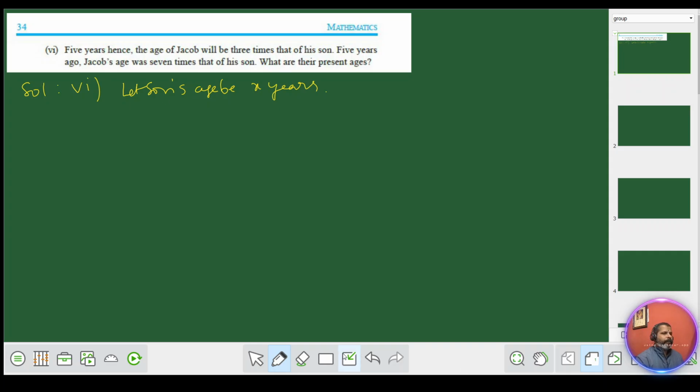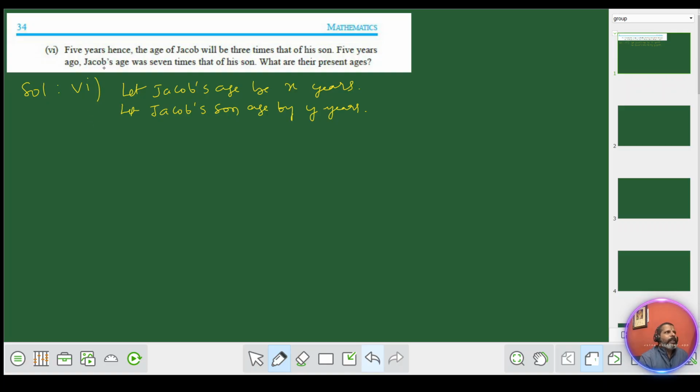Since it's a two variable problem, we can take x and y separately. Let Jacob's age be x years. Let Jacob's son's age be y years. Please do write the units when you assume x and y, because it's an age problem.